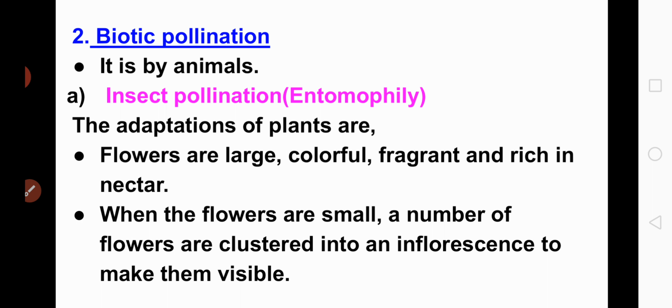Coming to the characteristic features of insect-pollinated plants: here flowers are large, colorful, fragrant, and rich in nectar. When the flowers are small, a number of flowers are clustered into an inflorescence to make them visible.